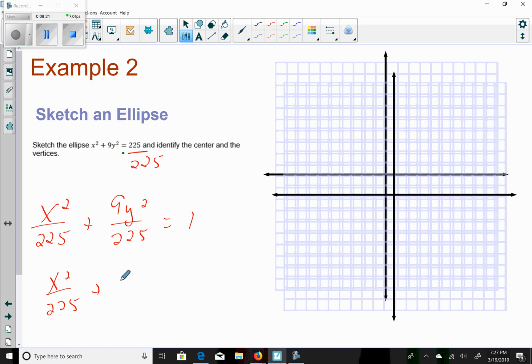Either way, I'm going to get y squared over 25 is equal to 1.